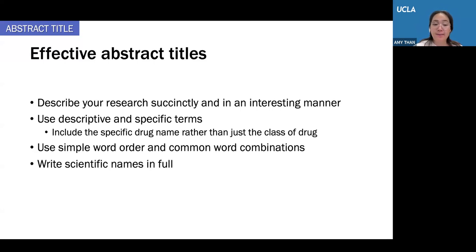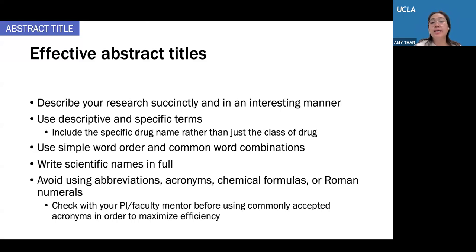You should write out scientific names in full and avoid using any abbreviations or acronyms, as well as chemical formulas or Roman numerals. Again, check with your faculty mentor. They should know a good gauge in terms of how technical your verbiage should be.